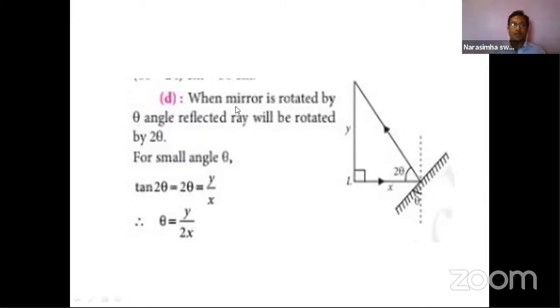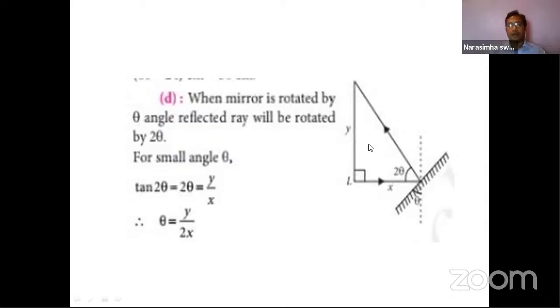Okay, so now look at this. When a mirror is rotated by angle theta, the reflected ray will be rotated by 2 theta. For a small angle, 2 theta becomes tan 2 theta. So look at this, tan 2 theta here.